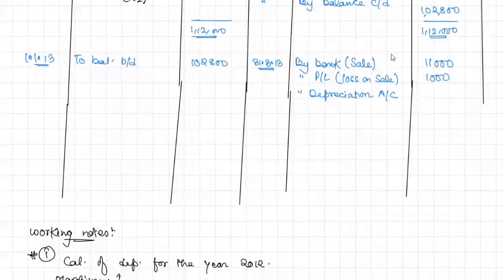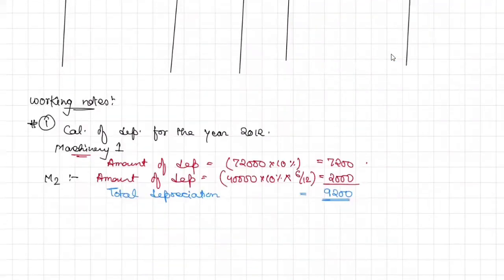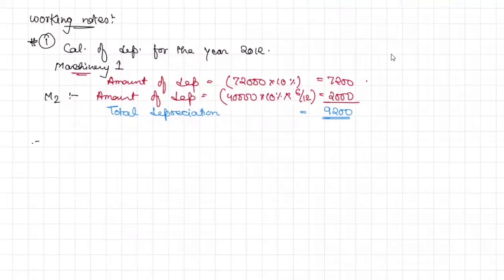Okay, so what we'll write here, working note 2. So we'll do 2. So we are doing the calculations for M2, correct? So for M2, what was the WDV? See, it cost 40,000, correct? 2,000 was depreciation. So WDV was 38,000, correct?